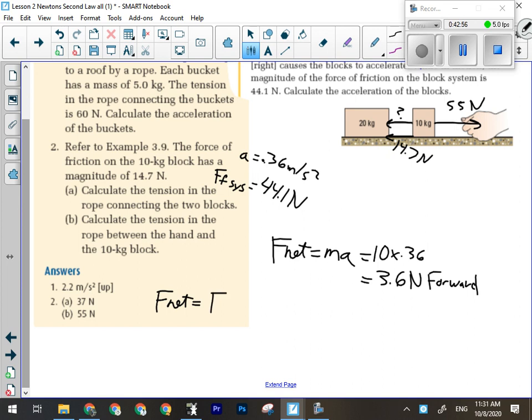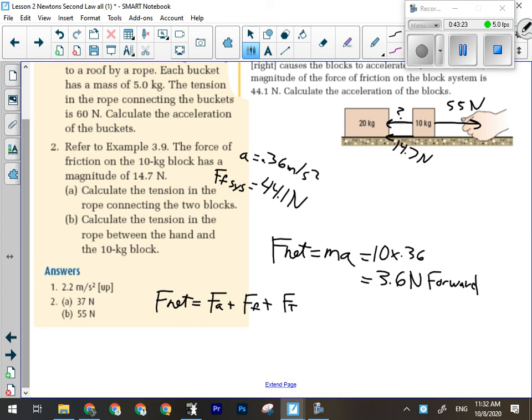That would be the force applied, that's going to be the hand, plus the force of friction, the 14.7, plus the tension in the rope between the boxes. Those are the three forces that add up to my net force, and they add up to 3.6 newtons forward.